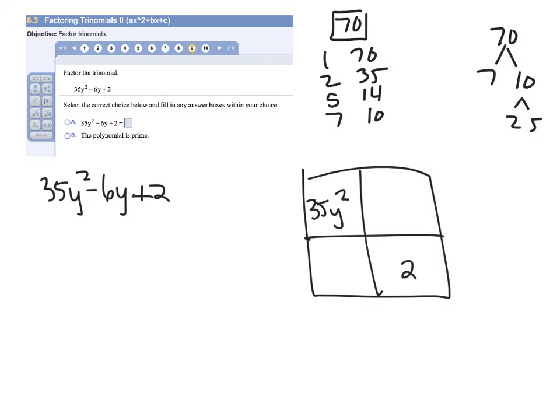I'm just making sure I have all my combinations, and it looks like I do. Now the thing I'm noticing is none of these terms will add together to give me negative 6. So what does that tell me? That tells me that this polynomial is prime.